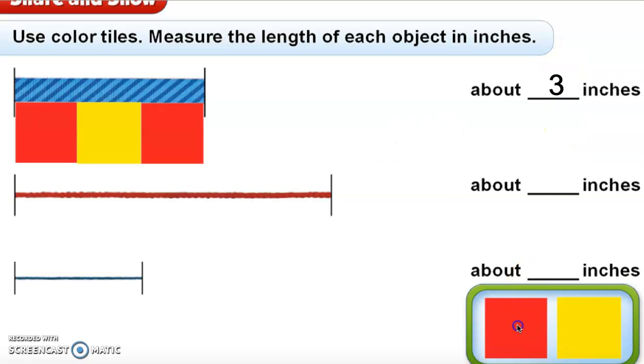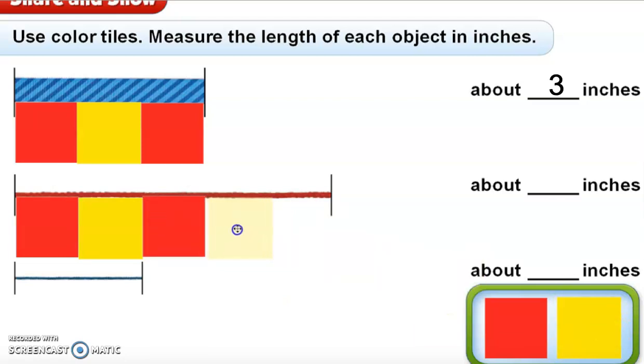All right, let's do the next one. Again, we're going to take our tiles and put one at the very beginning of the object. Just going to keep adding some. There's a little space in that one. Making sure that there's no space is very, very important, because then you won't get an accurate measurement if you have spaces in between your tiles.